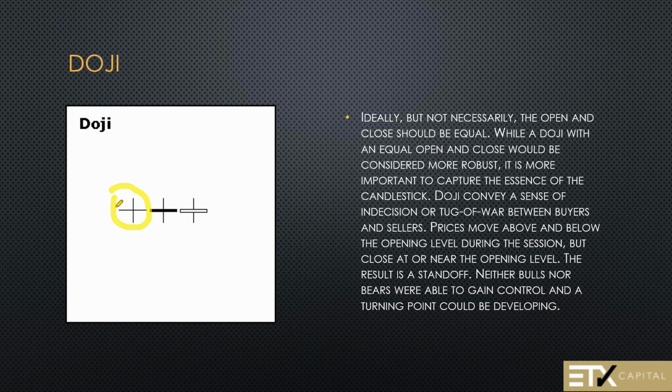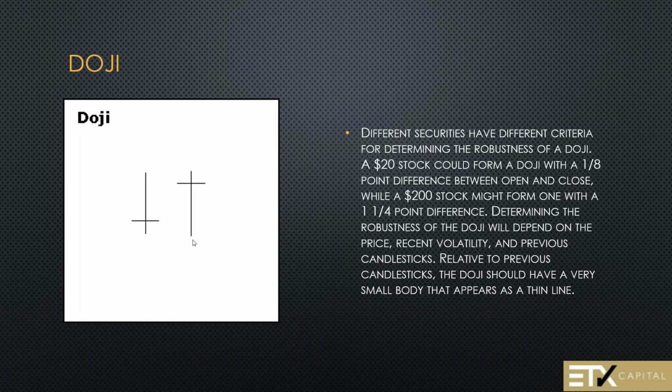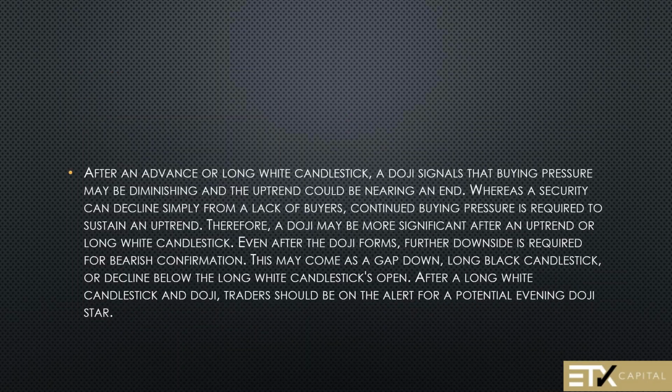So dojis convey a sense of indecision or a tug of war between buyers and sellers, but a much more significant grade of indecision than you have with a spinning top. Now, dojis can have long wicks in one way and long wicks in another way.